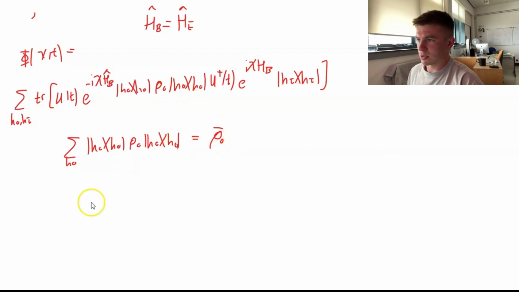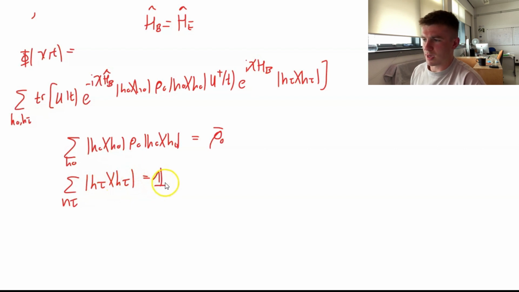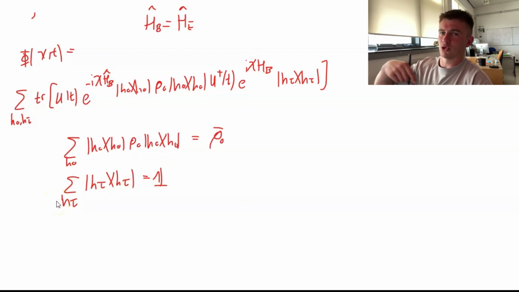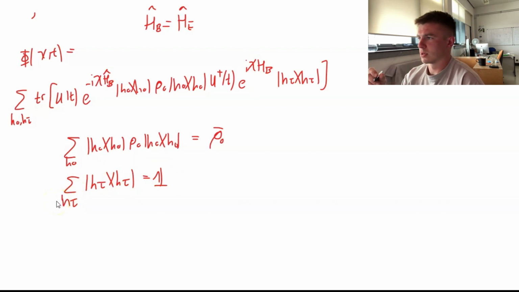And then I'm going to use the fact that the sum over H_τ of the projector onto H_τ equals the identity. Why is this true? Well, it's only true if we perform enough repeats of this two-point measurement protocol. So let's think what happens. When we perform the first measurement, we get one of the eigenvalues of the bath Hamiltonian randomly, and similarly when we perform the second measurement.